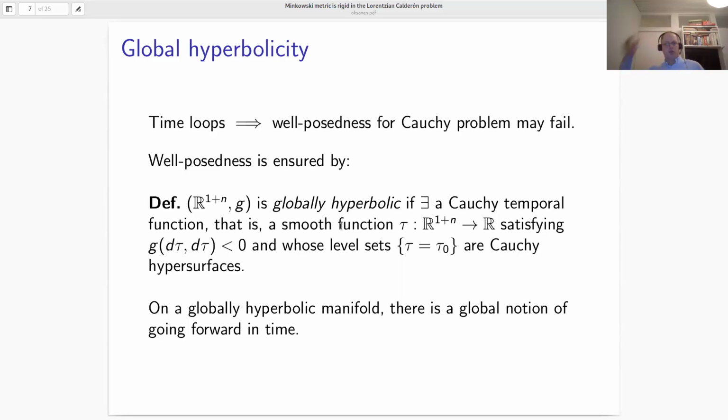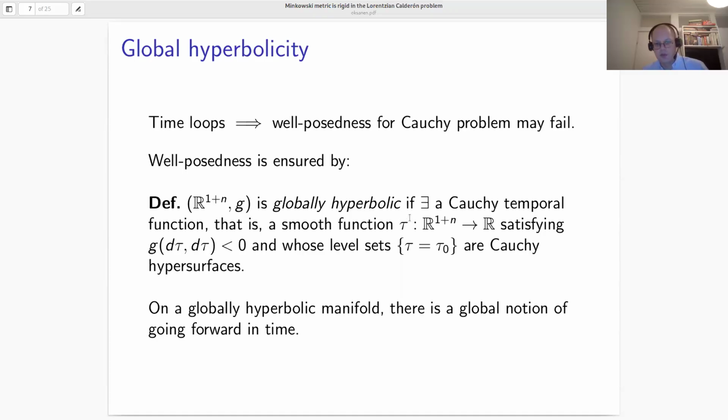Okay, so this is a very standard notion, and as I said already, it is required in order to have a good direct theory for this wave equation. So it very much makes sense to assume this if you want to solve inverse problems for the wave equation on some Lorentzian manifold. So we are going to make an assumption throughout the talk that all the geometries are globally hyperbolic.